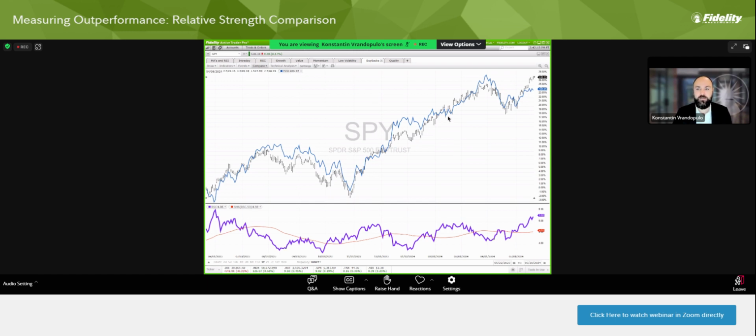What's very interesting to me is that it's been relatively meandering in a range bound type of way, one really not outperforming the other. But very recently, from about the second week of May, there's been this crazy short-term outperformance of the S&P 500 relative to this buyback exchange traded product, right?